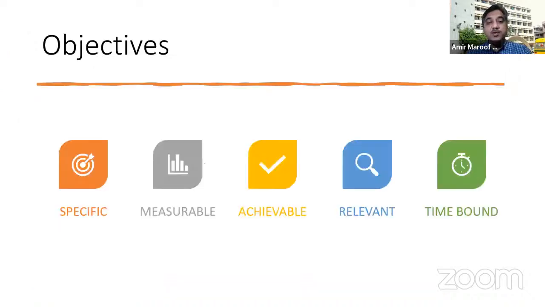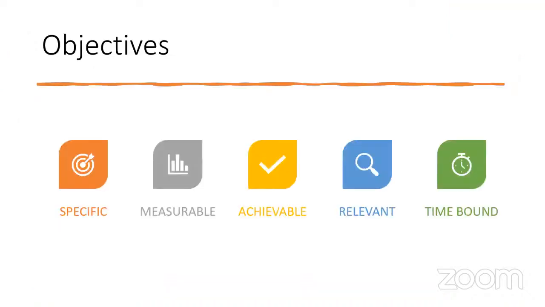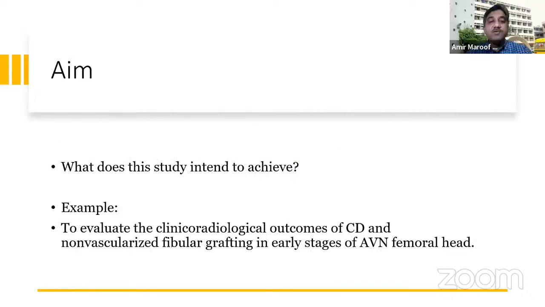Because it has to be converted into objectives. Just by writing an aim, we cannot go on to the methodology, do our study and write our results. Aim will not help in that, but yes, aim gives the direction in which we are going. So let us see where the aim leads us to.